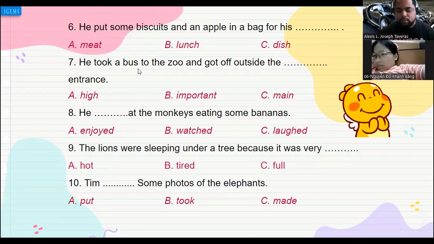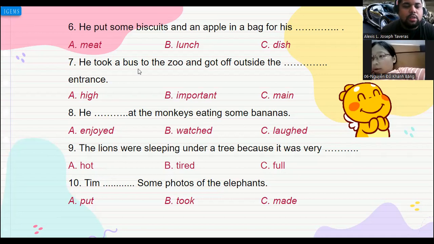He took a bus to the zoo and got off outside the main entrance. Main entrance, that's right. He enjoyed, watched, laughed at the monkeys eating some bananas. He enjoyed the monkeys eating some bananas.